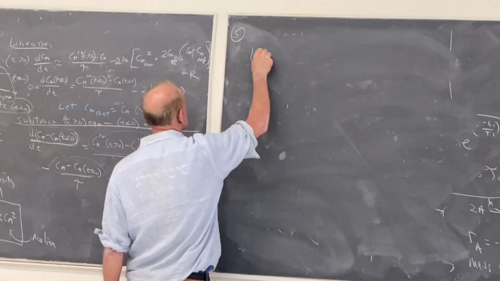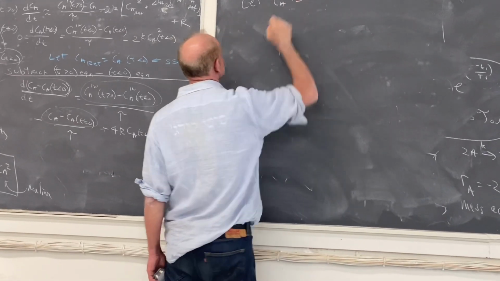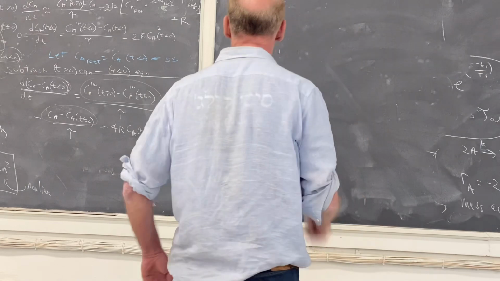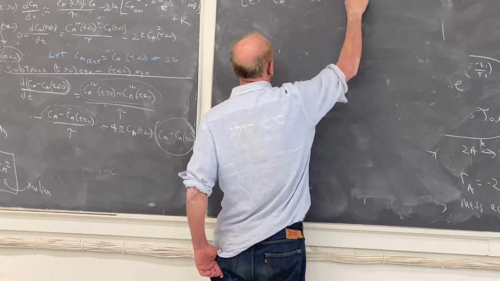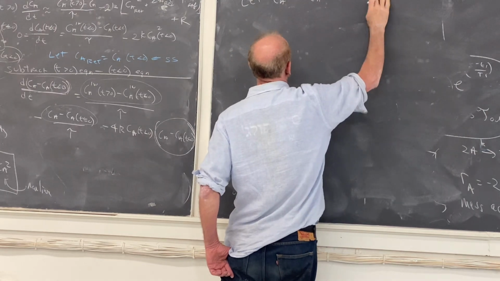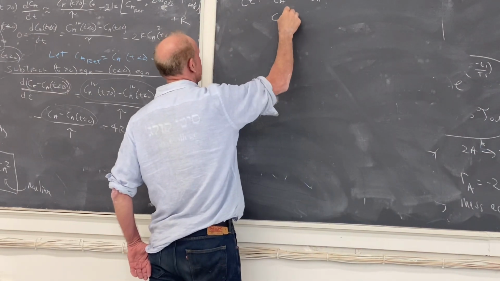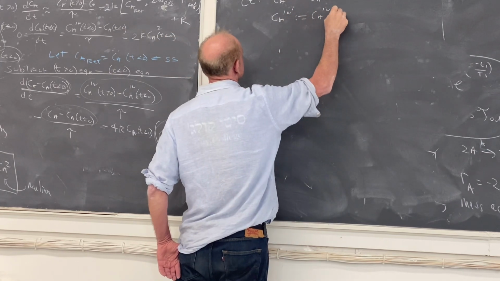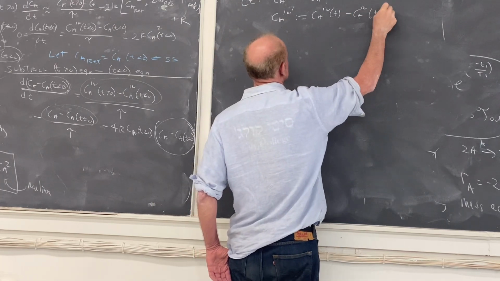Let's let CA prime be defined as, colon equal sign means definition, CA of t minus CA at t less than or equal to 0. And let's let CA in prime be defined as CA in of t minus CA in at t less than or equal to 0.